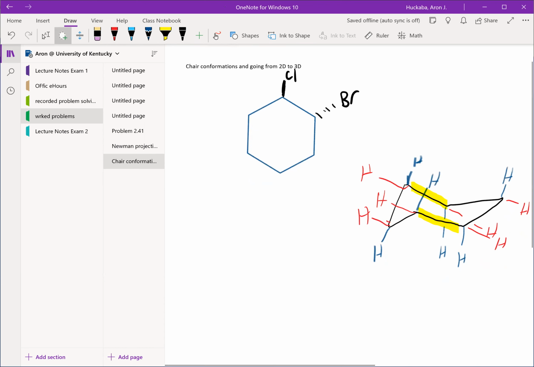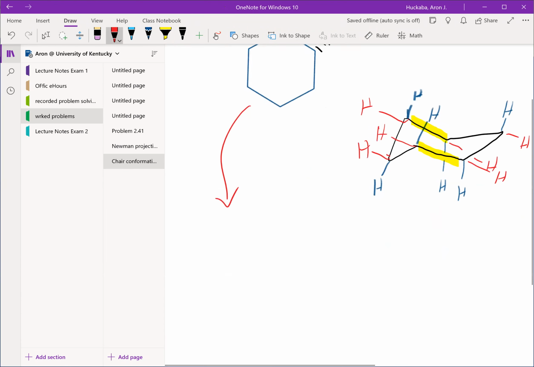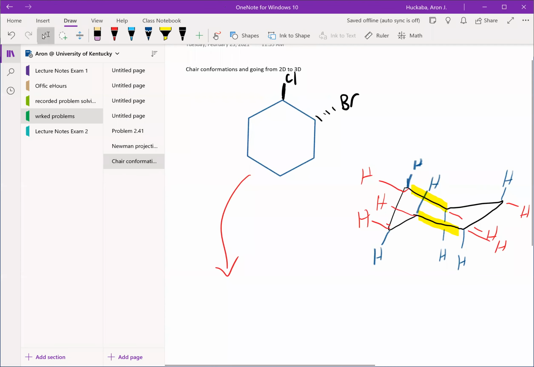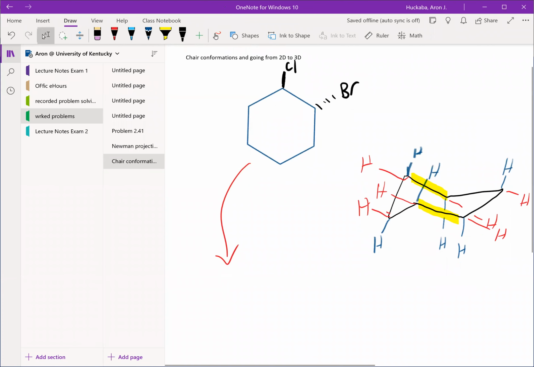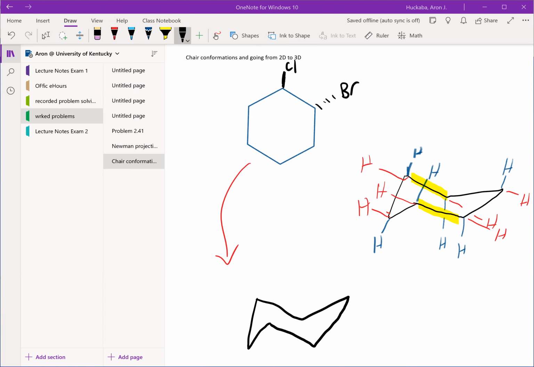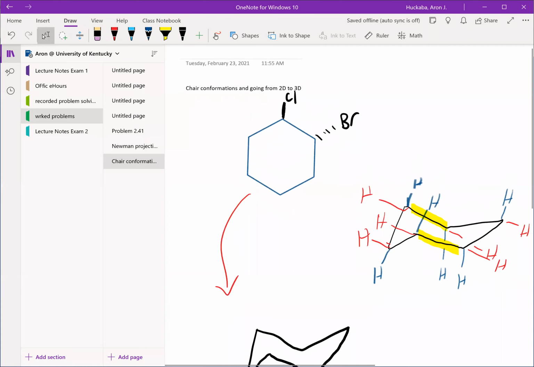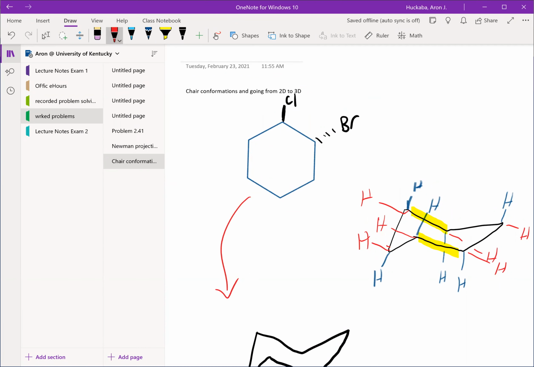All right, so let's look at the first example first. So in this example, we have our cyclohexane ring, right? And we'll just label the carbons 1, 2, 3, 4, 5, 6.